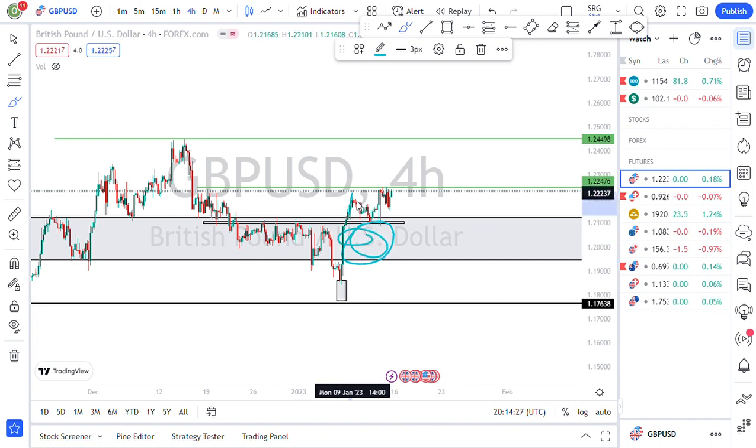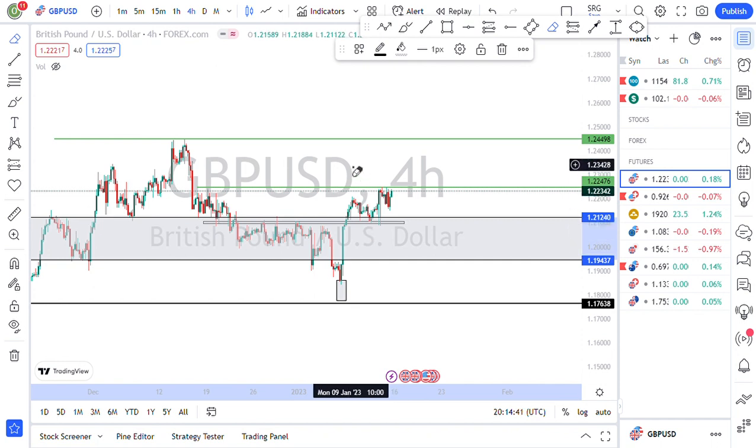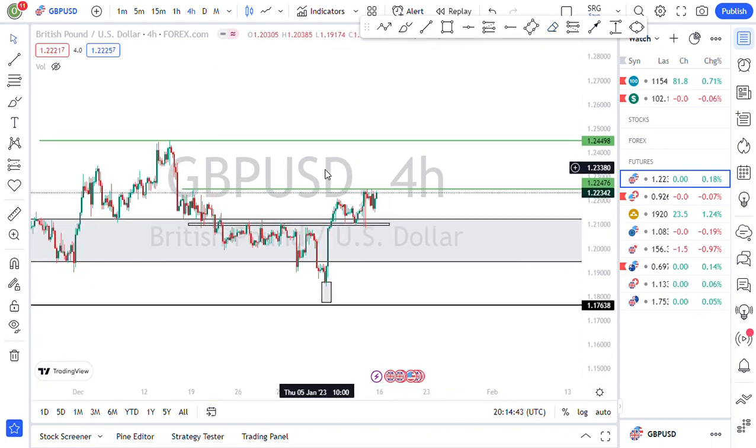If price is above, I will enter my buys, and look forward for price to give us a retest, then we enter our buys over here. Way simpler, right? Because in the zone, we don't know what price wants to do, where price wants to go.